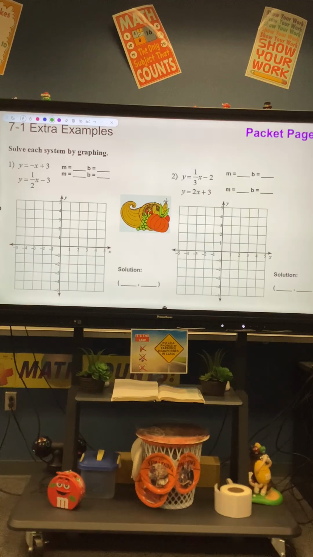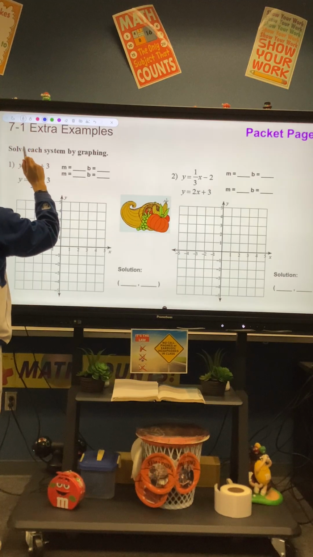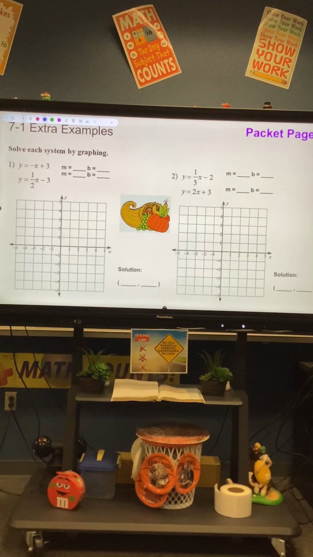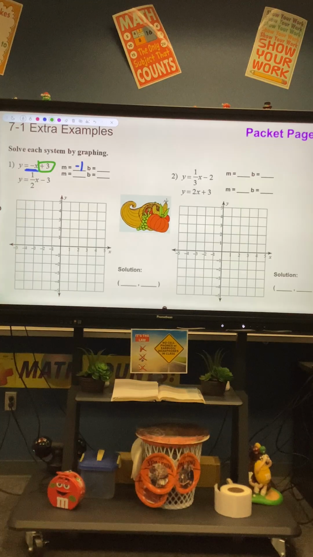We'll do these two together, then I'll leave you to do the next two on your own for 3 minutes before we continue. So, first thing, what's my M value? I'm gonna make my pen a little thinner. What's my M value? Right? So that's what's in front of that X. Say it louder. You want your mama to hear you on video, don't you? No, y'all don't be scared. So if -1 is my M value, what's my B value then?